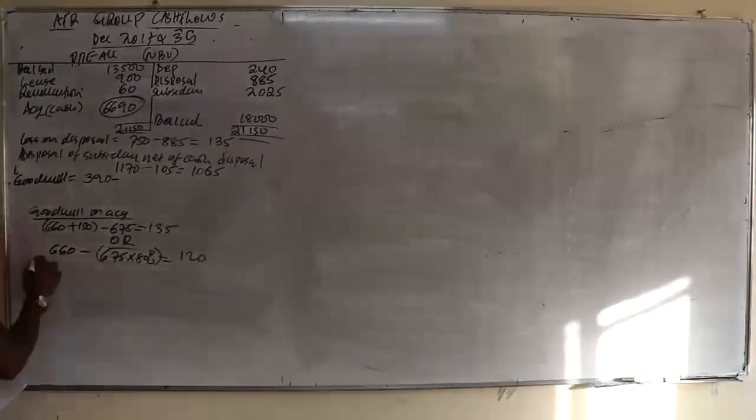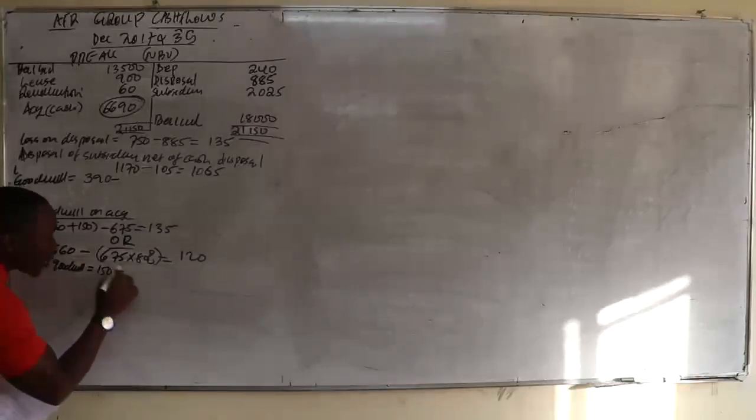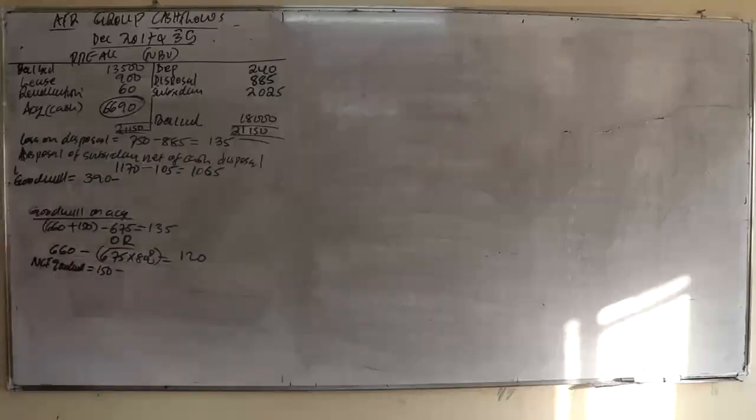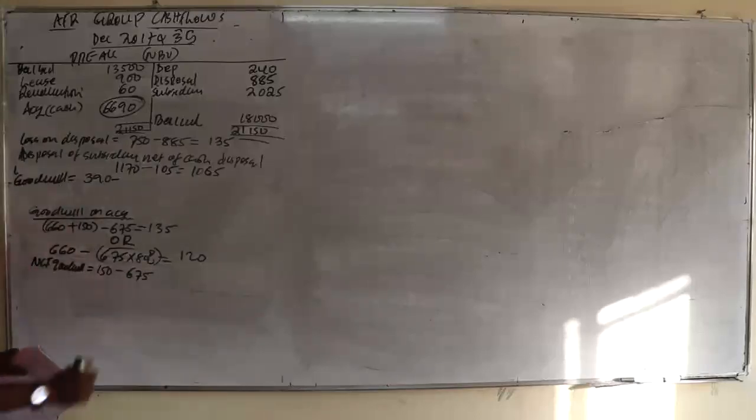You add NCI. How much is the fair value of the NCI? The fair value of the NCI was 150. You compare it against the net asset. The net asset was 675. We are controlling 80%. How much was the NCI? 20%.